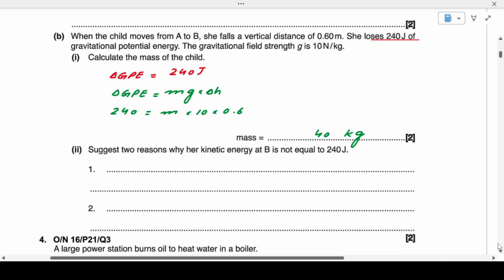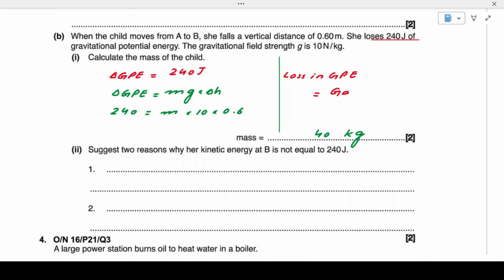So usually in the ideal case situation, the loss in GPE should be equal to the gain in kinetic energy.